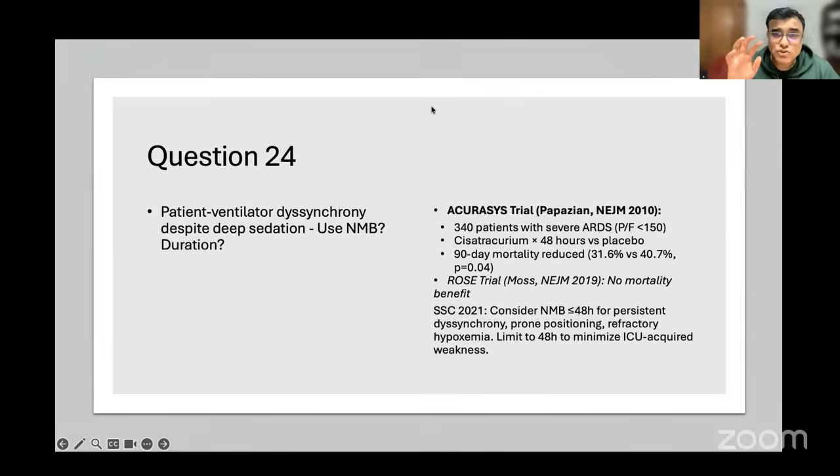So to avoid that risk, the duration of neuromuscular blocking agent use should be restricted to less than 48 hours. That is what the SCCM guidelines or recommendation also tells us. So this is probably what they were testing, and one of the options would have been 48 hours in this question, right?